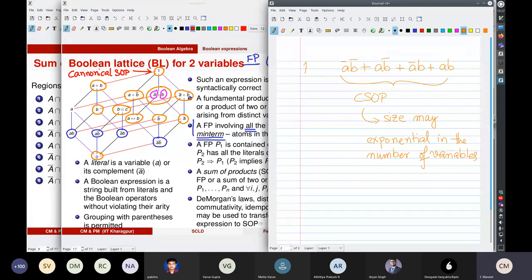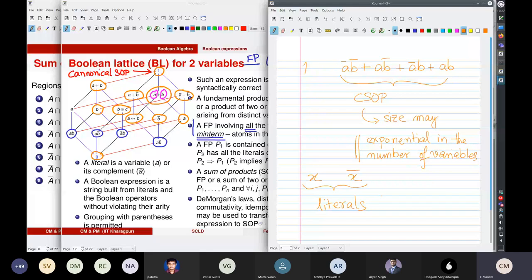This is the problem with your canonical sum of product representation. It is unique, that is the good thing about it. But a serious problem is that it may be exponential in the number of variables. A variable or its complement is called a literal.